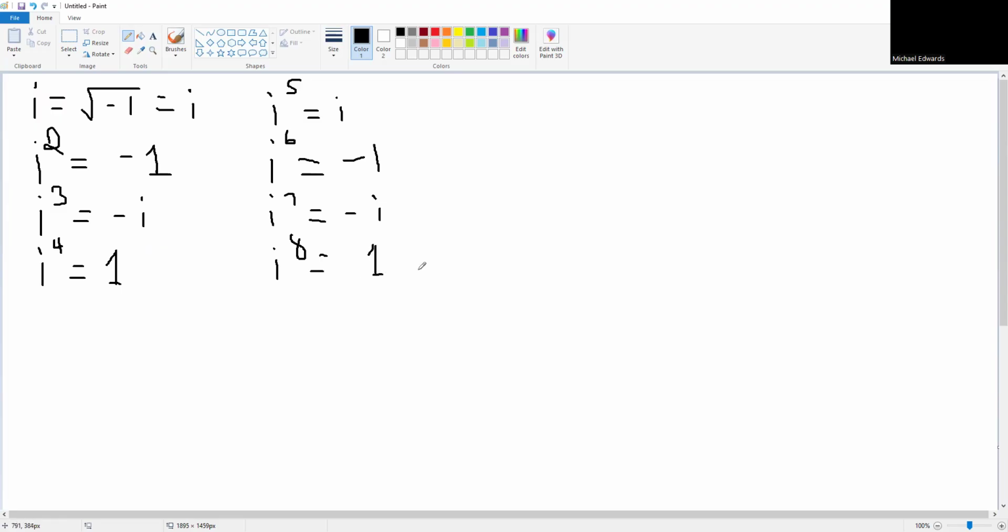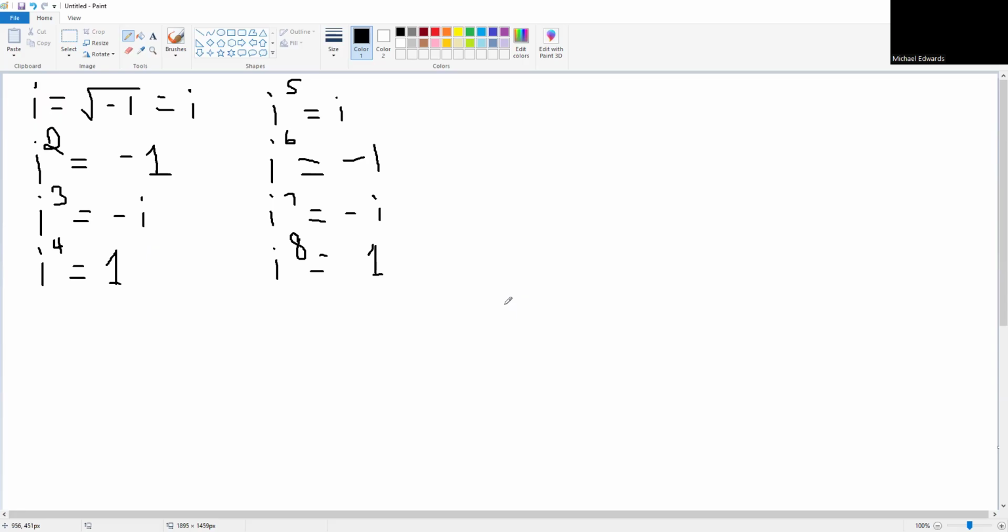Now, I want to show you this pattern. These are all i. These across here are -1. These are i. These are 1. So, what does that tell you? Power multiples will come out the same.